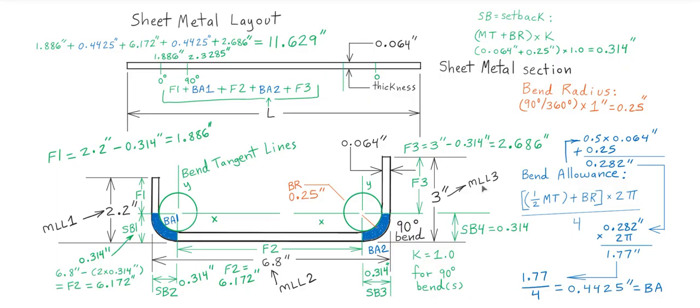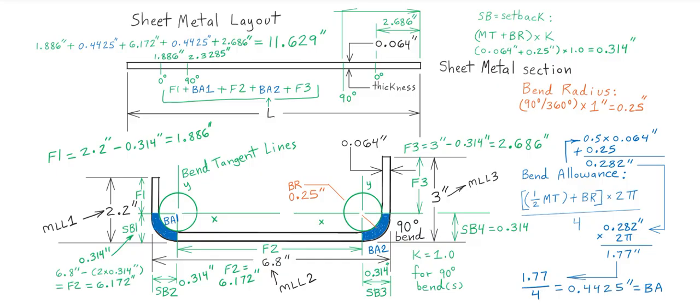So start from the other side going left, and then you are able to measure this flat F3 of 2.686 inches and start at 0, and then you bend. So you have this side bent, and you'd put it in the brake this way, and then you would bend it upward like this.